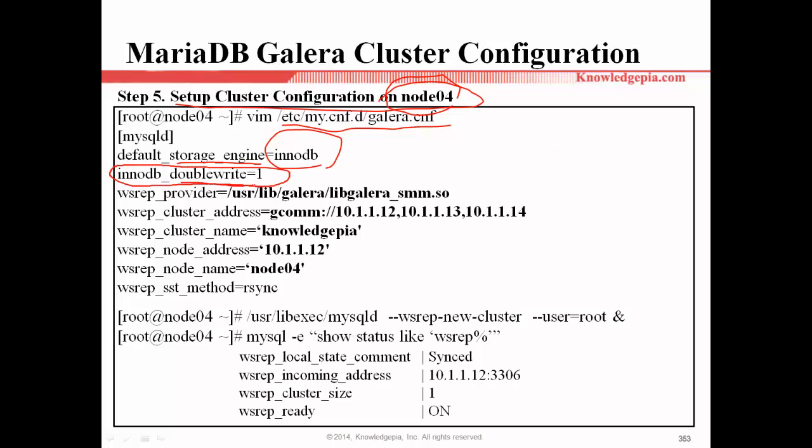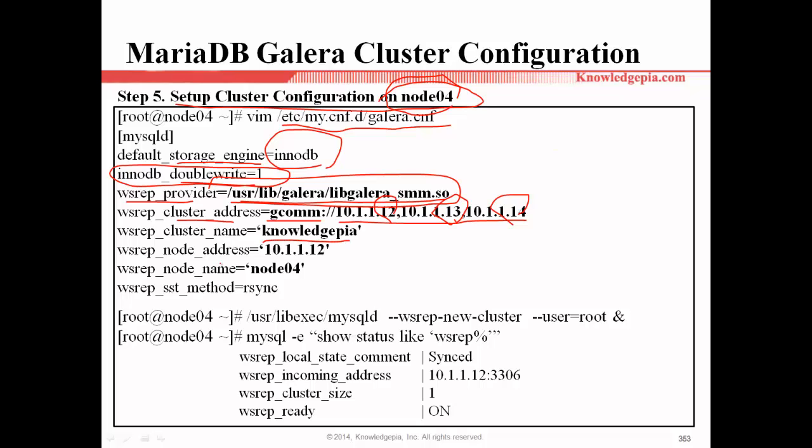Okay, you need to add this one. Also, wsrep_provider. If you install the Galera package, then you can find this kind of library. So change like this. And the cluster address here, the group communication. In my case, I already told you to use this kind of IP address, 12, 13, and 14. And the cluster name, in my case, knowledge PR.